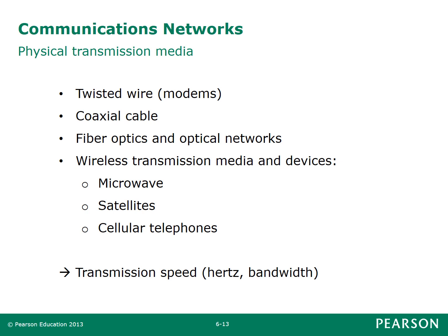A network backbone connects multiple networks together, allowing them to communicate with each other. It's very important to note that twisted pair wire and coaxial cable are normally used for local area networks, while fiberglass cables are used to connect networks to each other.